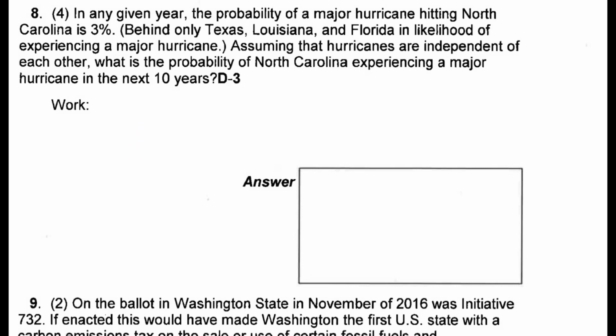So in any given year, the probability of a major hurricane hitting North Carolina is, what, 3%? So assuming that hurricanes are independent of each other, what's the probability of experiencing a major hurricane in the next 10 years? Well, okay, so the probability of more than 0.